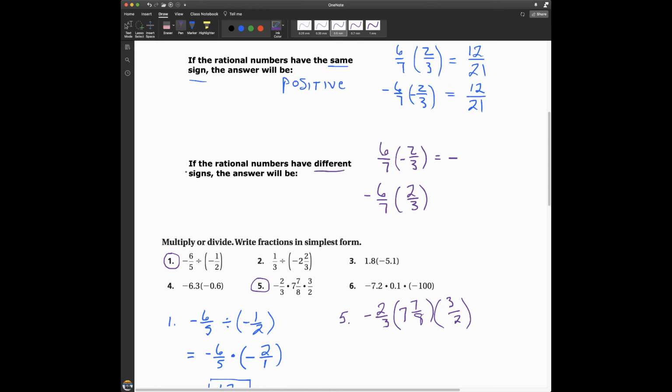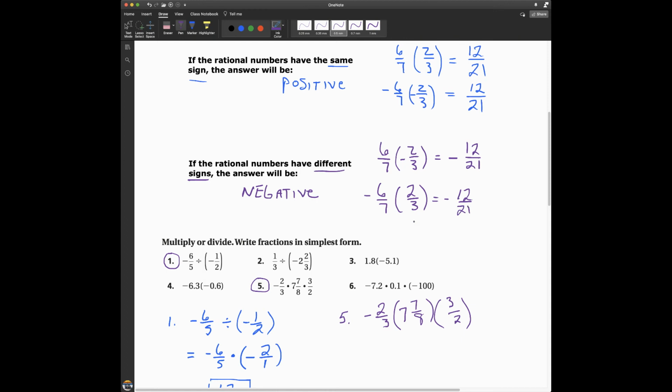Different signs means you will have a negative answer. Okay, so for this first one, it'll be -12/21, and this is -12/21.